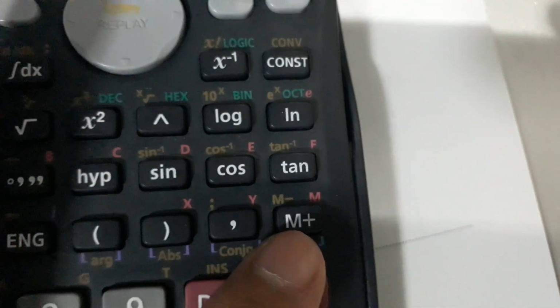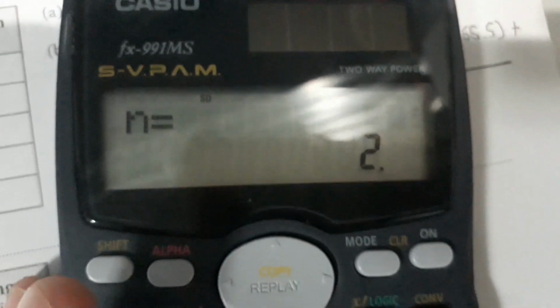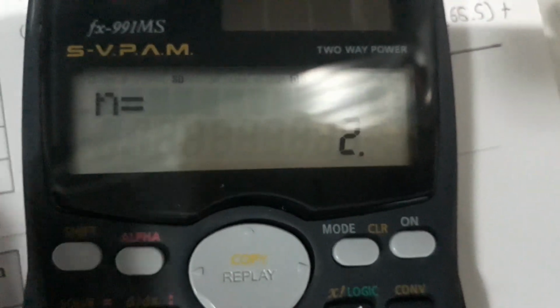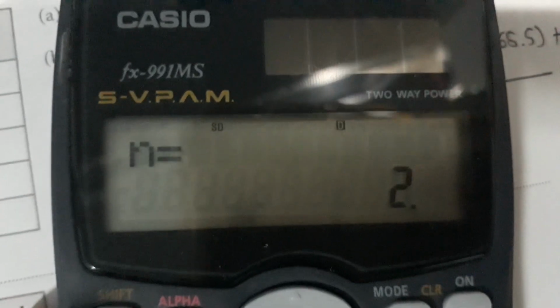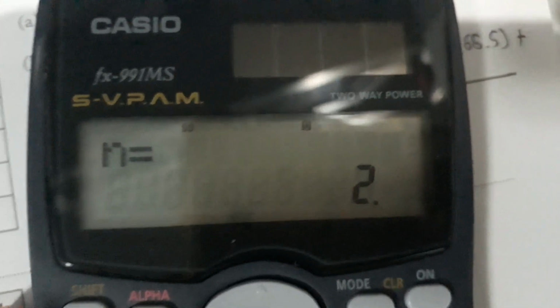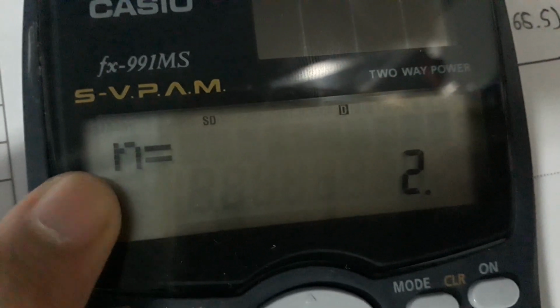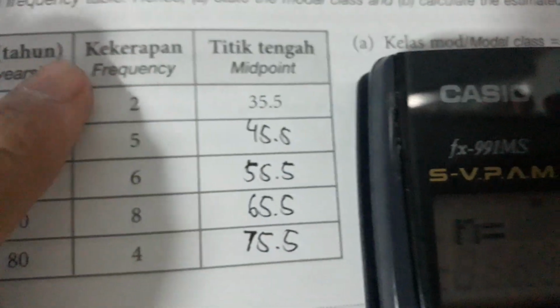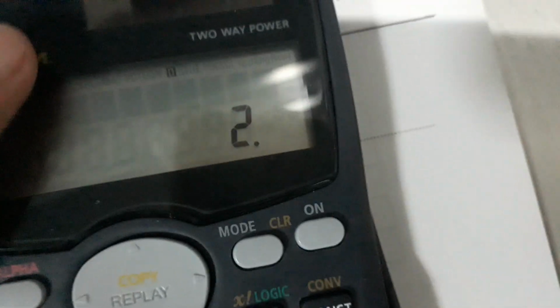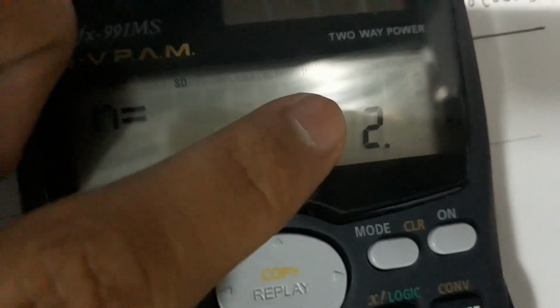This button actually saves the information inside the calculator, so it can be used to solve the question. N is the total frequency you have saved inside the calculator. Over here you only inserted 2, so the total frequency in the calculator is 2.